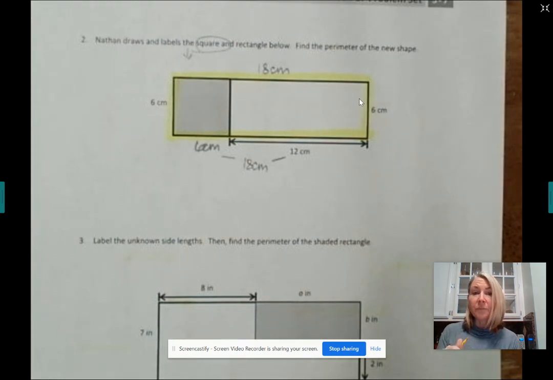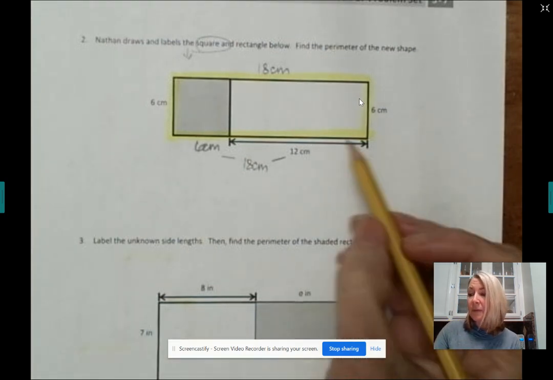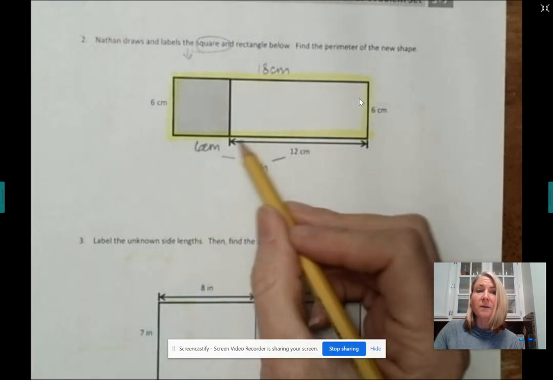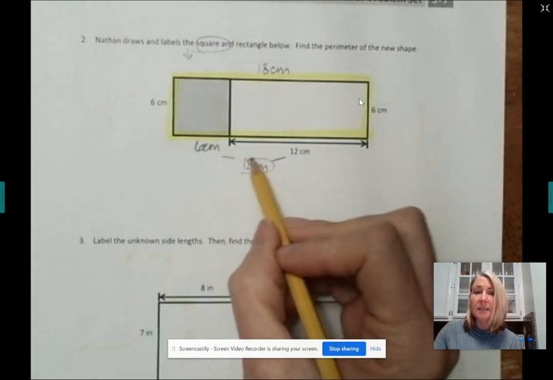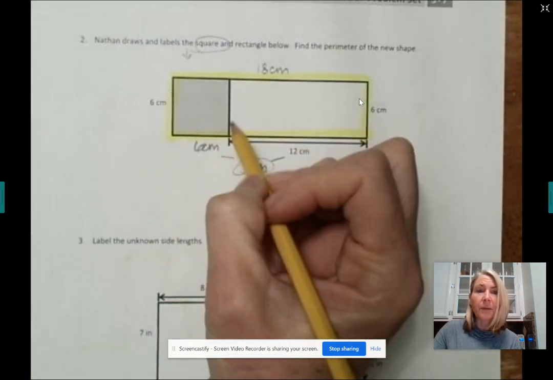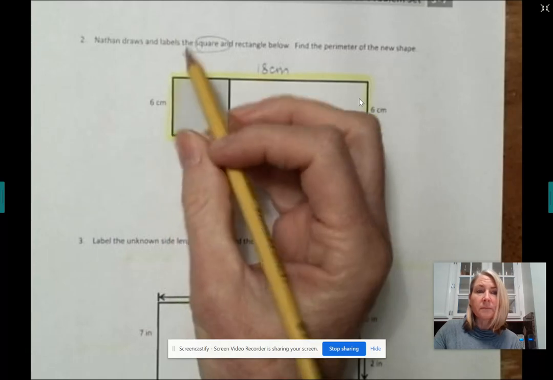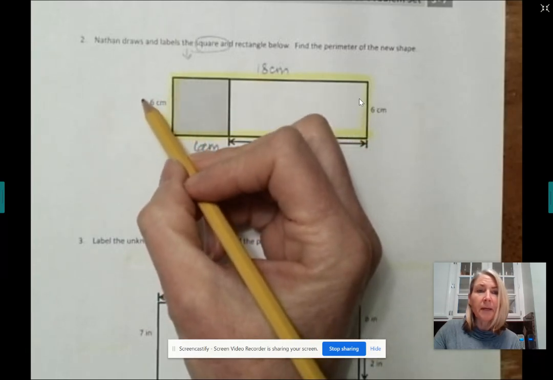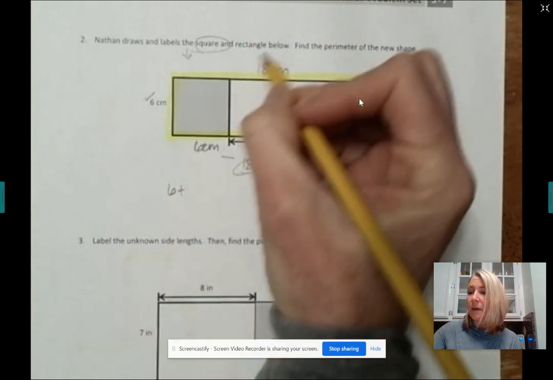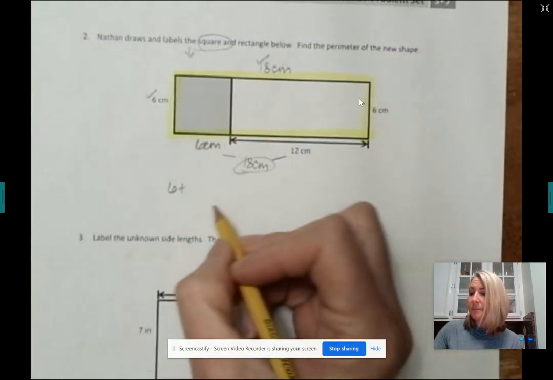Now be careful when you're adding these up. You can either add in just this 18 down here, or you could add the 12 and the 6. I'm going to stick with the 18 though, because it'll keep it a little more simplified. All right, so we have 6. I'm going to start my path over here, plus 18.